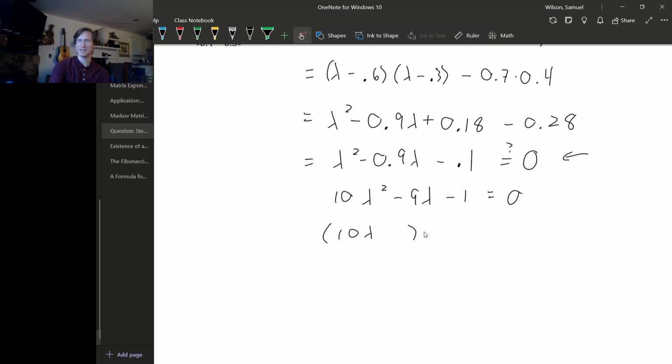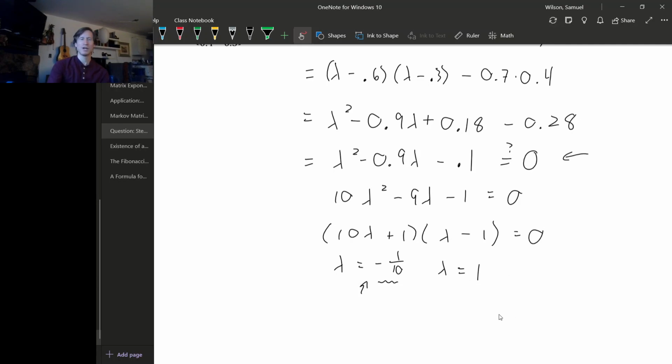Let's see, we're going to need that 10 to get a minus sign, so we need a minus over there and a plus 1 and a lambda. Right, so 10 lambda squared, there's minus 10 plus 1. Yes, okay. So over here we get minus 1 over 10. Okay, so we got this eigenvalue, but remember, we were looking for the eigenvalue 1. So the fact that minus 1 over 10 is an eigenvalue isn't super important for us. But look, here's another eigenvalue, the eigenvalue 1.